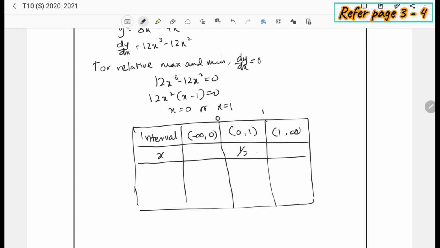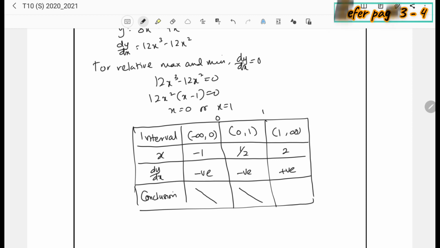So this is half. We have here 2, we have negative 1. So this is where we have the dy/dx and conclusion. So substitute into your dy/dx. We have negative value here, also negative and positive. So the gradient is negative. This is also negative and positive.